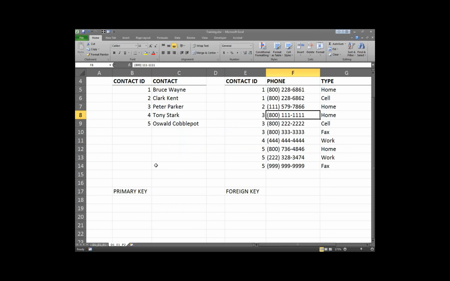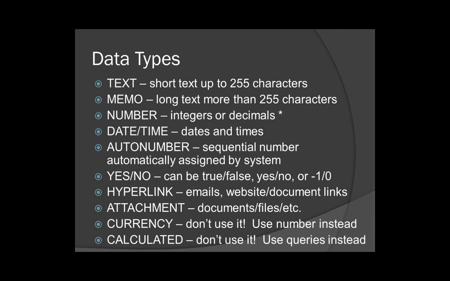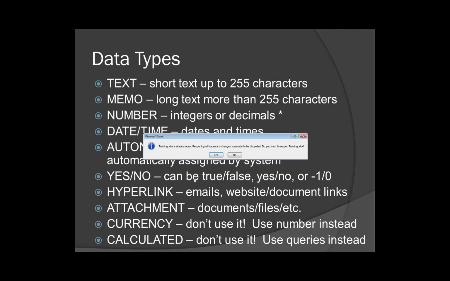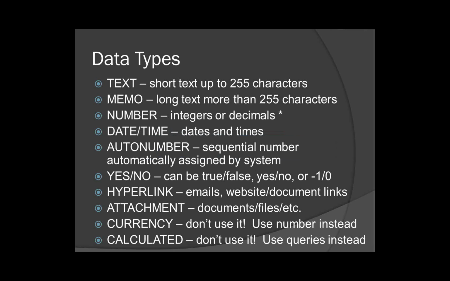And based on the data type, which should my first data type be? I think they wanted AutoNumber, the first number, one. Next.